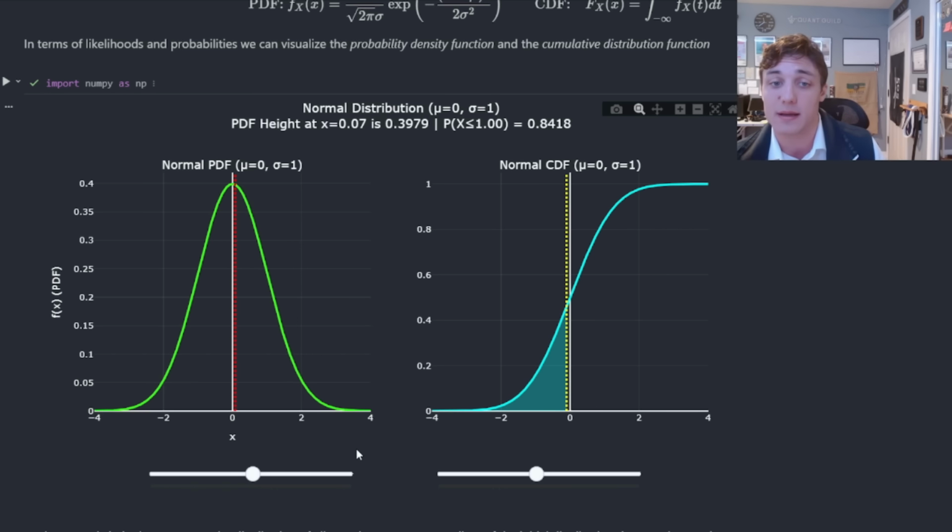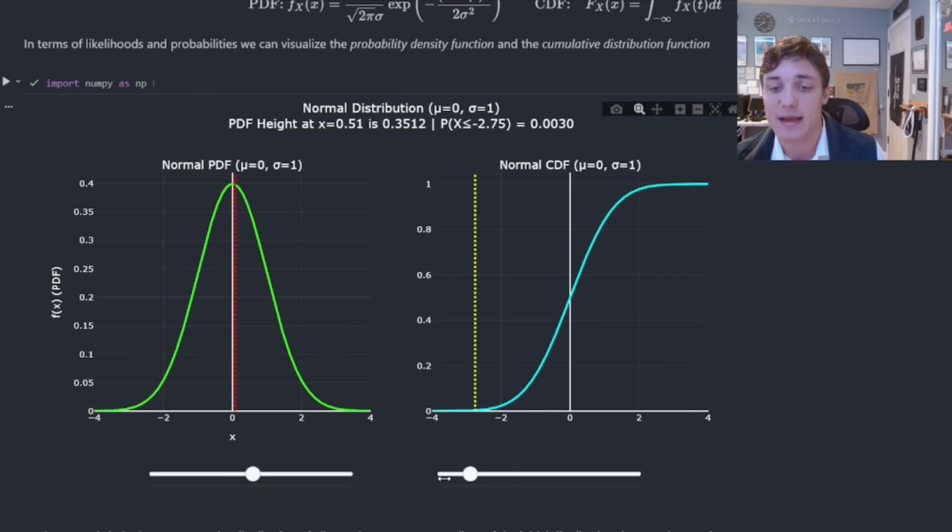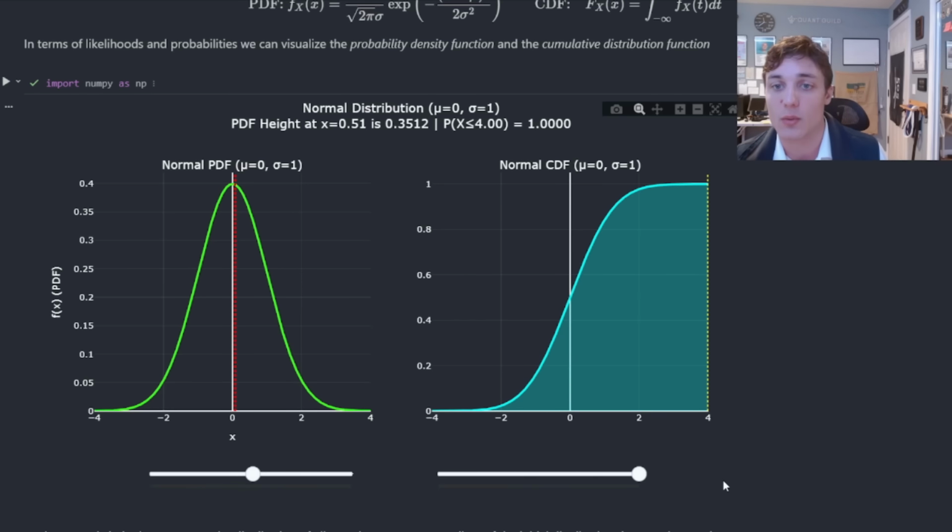If we want probabilities, we have to integrate the area underneath this curve. And that's what you're seeing on the right here with the CDF. If I integrate, say, from -infinity all the way up to 0, I'm going to get a probability of 50%. And that's because the normal distribution is symmetric. If I go all the way up to positive infinity, I will get a probability of 1.